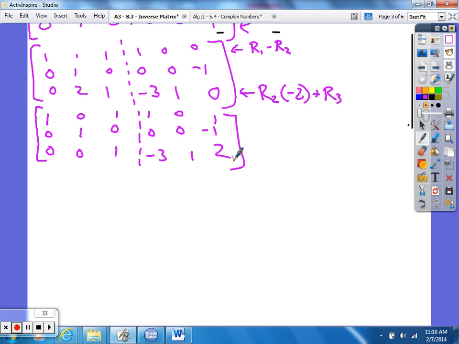So far, okay? I only have one thing left to do. What is it? Make that there 1 and 0. Okay. So I'm going to take row 1 minus row 3. 0, 0, 1, negative 3, 1, 2. I'm copying first so I don't make a mistake there.